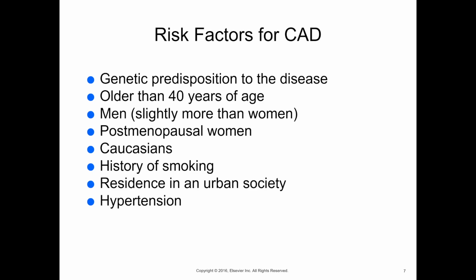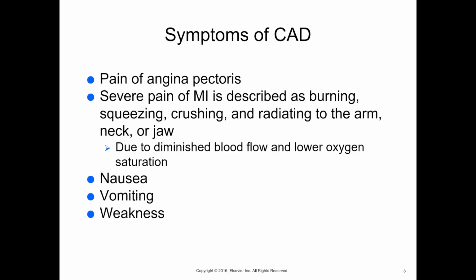Estrogen is thought to have a somewhat protective mechanism for women from some of these cardiovascular diseases. But once a female goes through menopause, their hormone signaling has changed significantly, and they do seem to actually become higher risk for these problems. Individuals that are Caucasian or white, history of smoking, residence in an urban society, so environment, big risk factor, and hypertension.